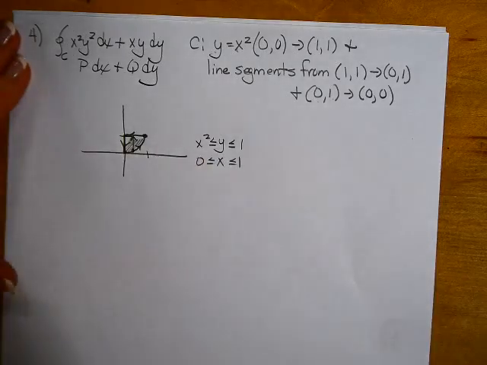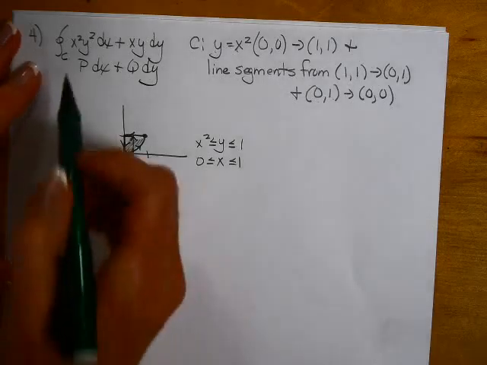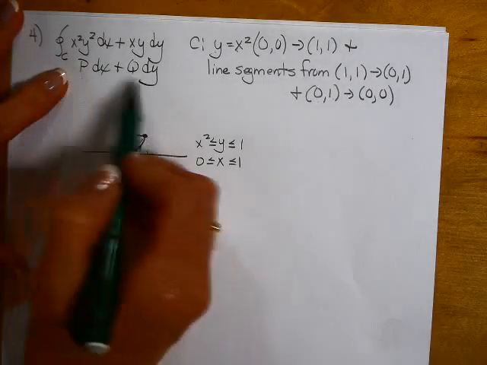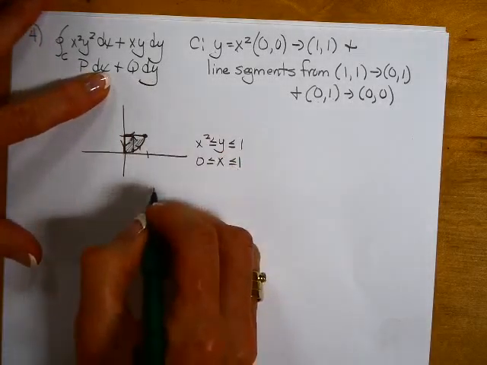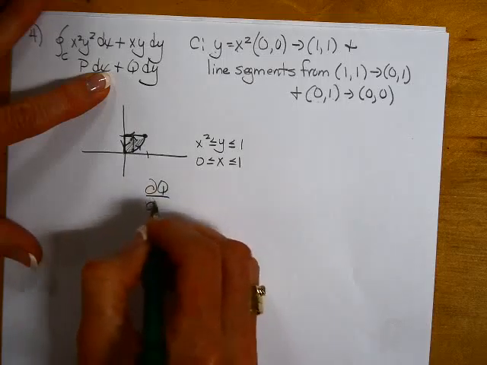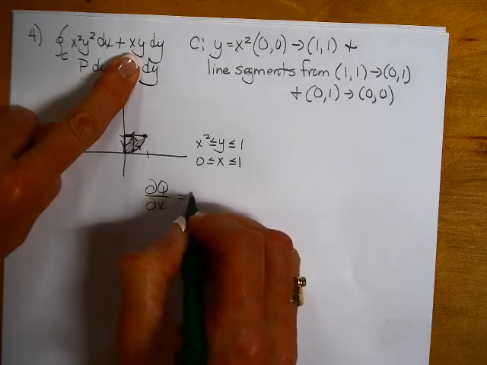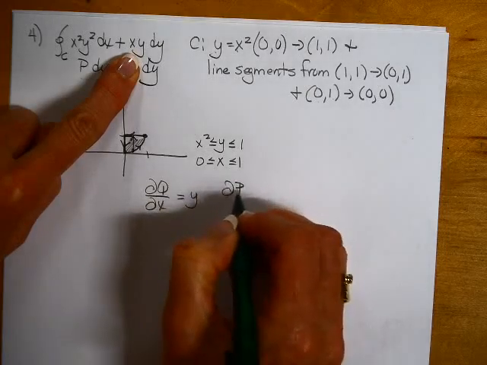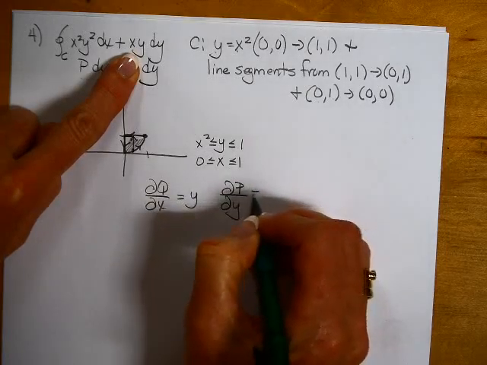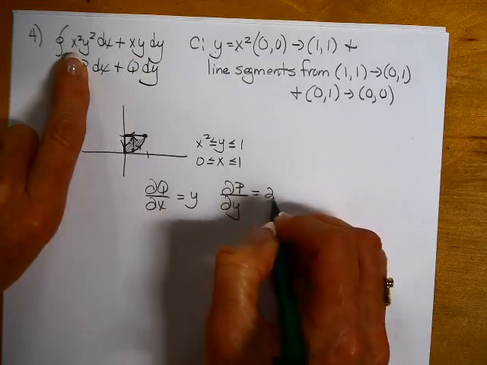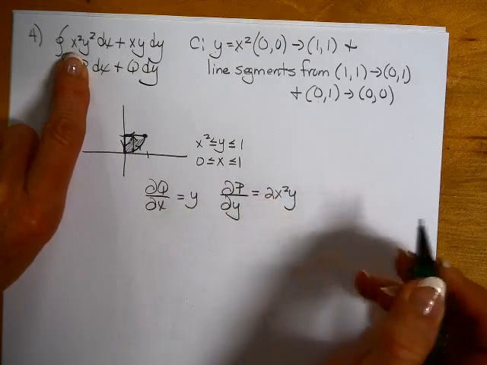Now if we're changing it using Green's theorem, you need to take the partials of these things. Now the formula says you take the partial of q with respect to x. So the partial of q with respect to x is y. I need the partial of p with respect to y, which is 2x squared y.